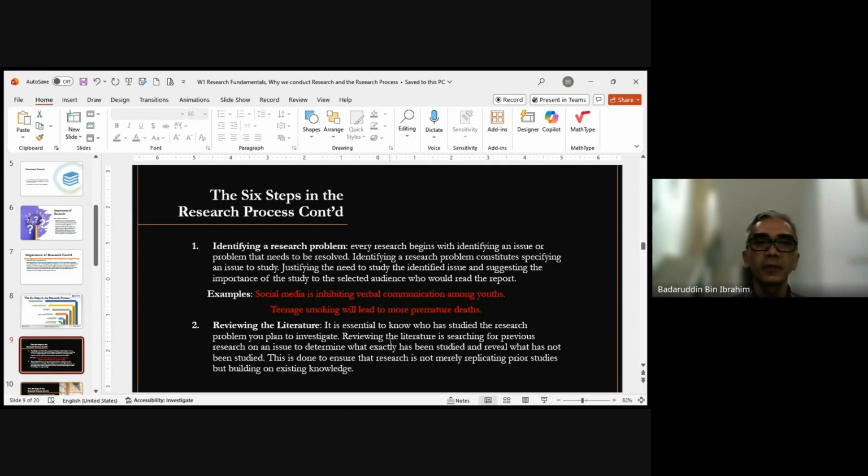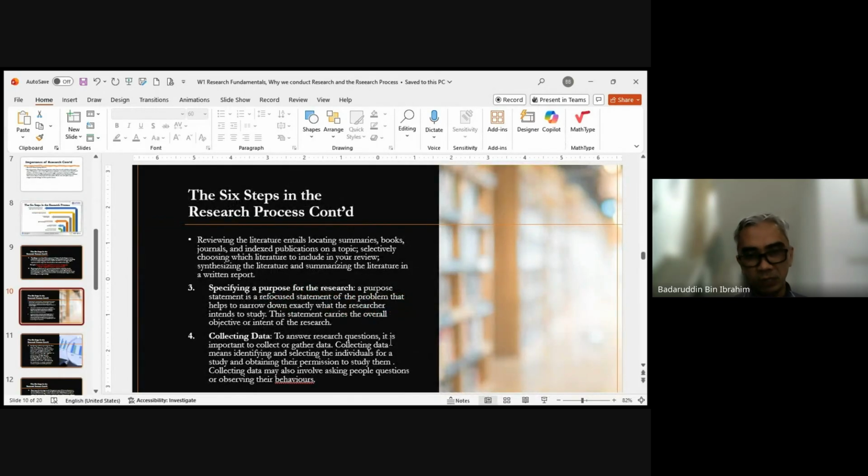And when you review the literature, it entails locating summaries, including books, journals, and indexed publications on the topic, selectively choosing the literature to include in your review, synthesizing the literature and summarizing it into a written report. This is one of the major skills. A literature review is not a copy and paste method. I've reviewed so many theses.